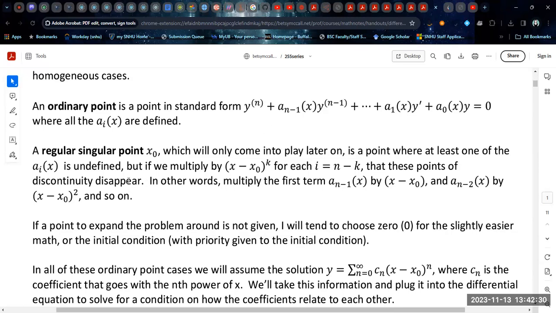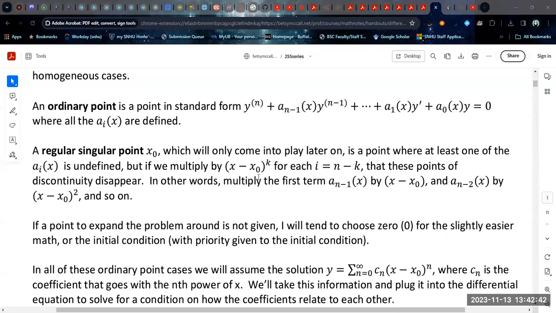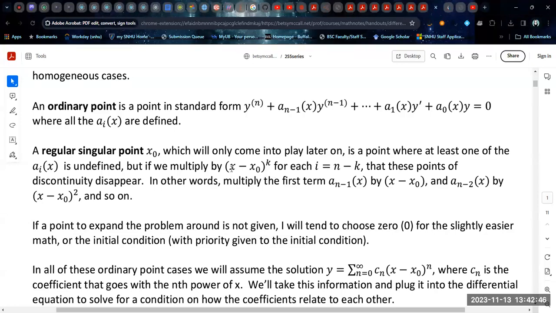And a singular point, which will come into play in our last example, is a point at which some of these functions are actually not defined, but if you multiply the function by a factor of x minus the place where the point is undefined, then you can generate a function which is defined, at least it has a limit that exists, and therefore we can proceed from there.